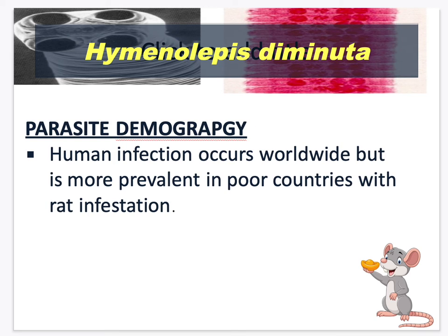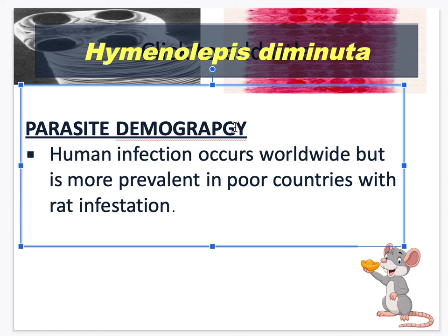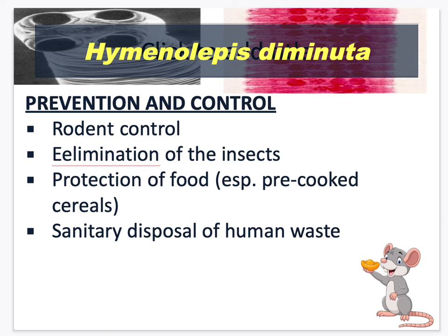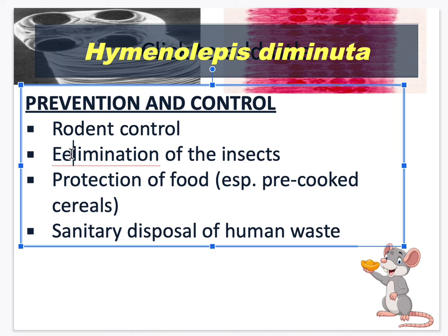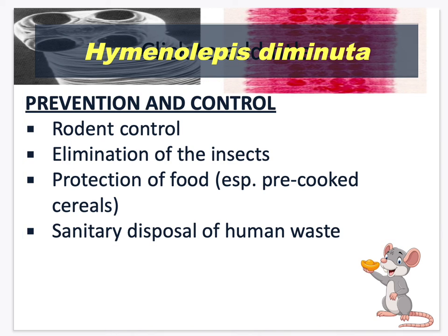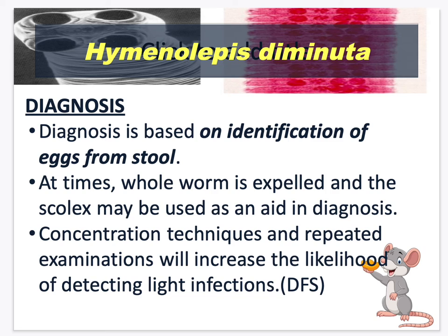So, for demography, human infection occurs worldwide but is more prevalent in poor countries with rat infestation. So, for prevention and control, we do rodent control, elimination of the insects, protection of food, especially your pre-cooked cereals, and sanitary disposal of human waste.